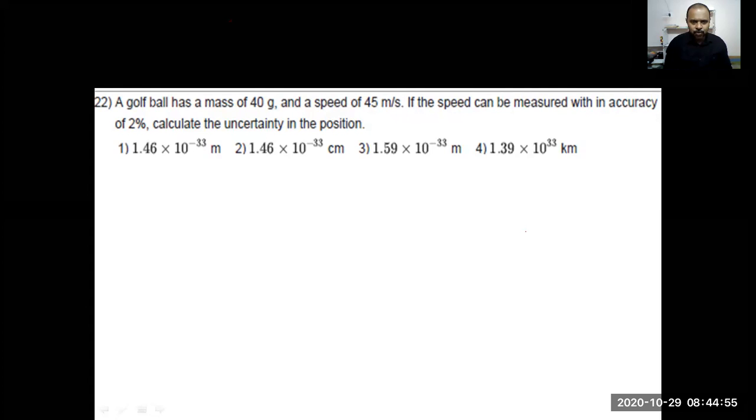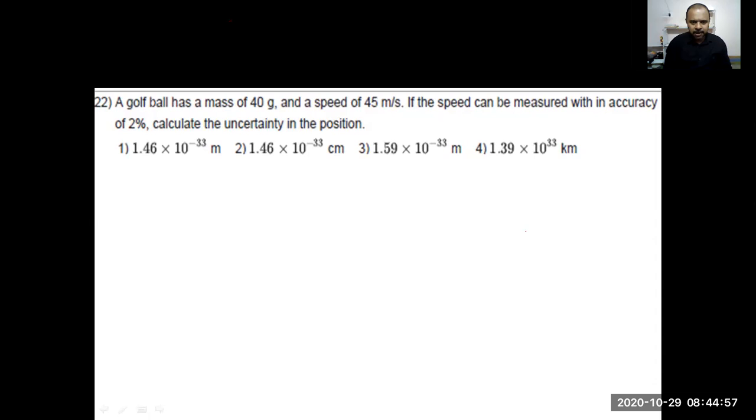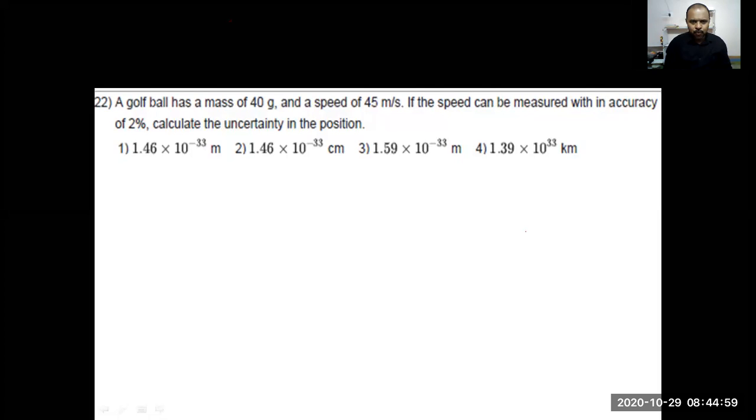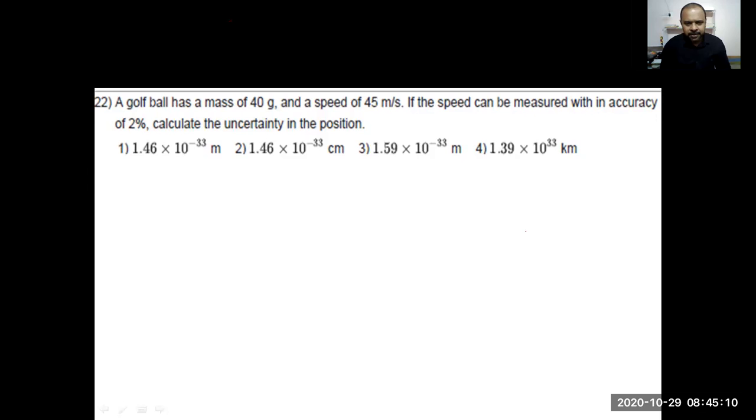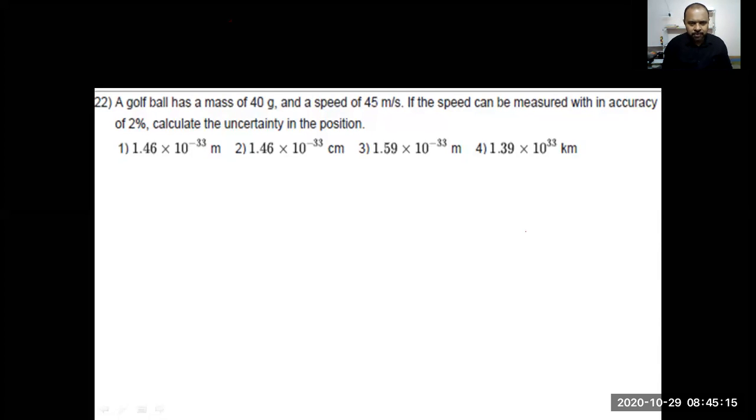Including us, there are 52 in the class. But I am hearing the voices of only around 4, 5, 6. Sir, option A, sir. Okay. So Ravi Teja, did you work out?